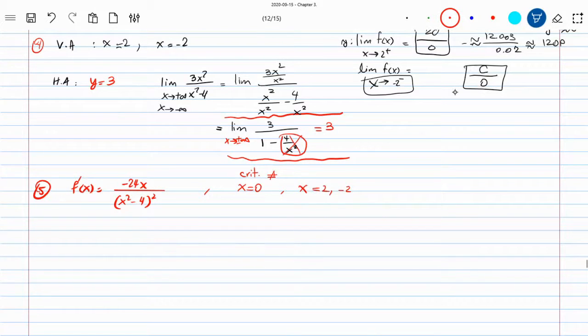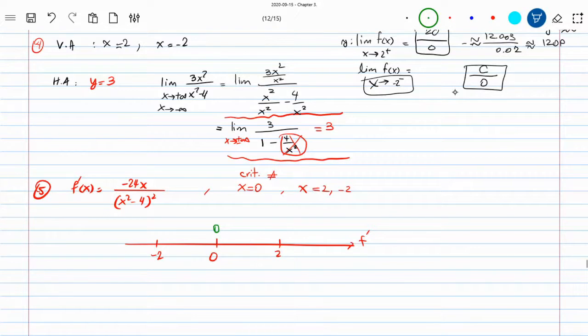Okay, so here, let's draw the number line. First derivative, I'm going to pick the critical number, 0. At 0, here's what is important. At 0, the derivative is 0. But at the other 2 points, negative 2 and 2, the derivative does not exist.